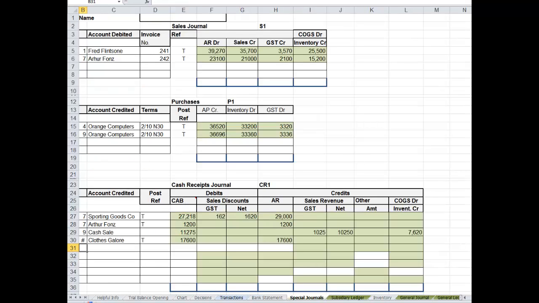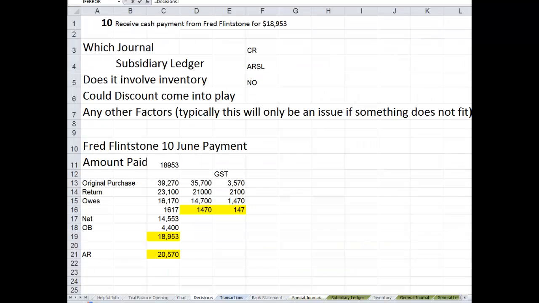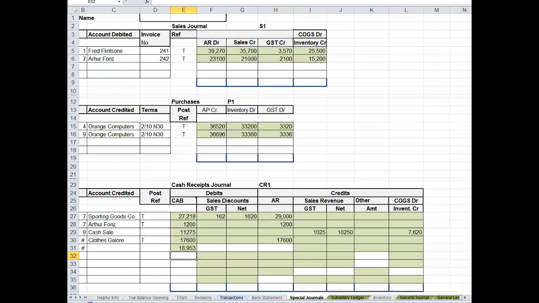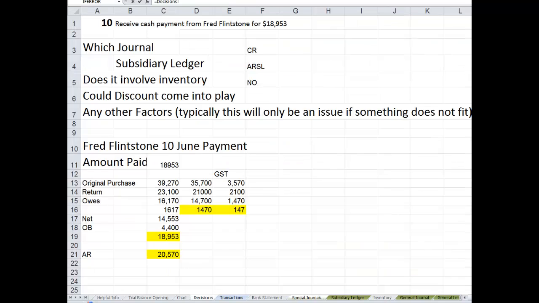We go the 10th. Cash at bank is 18953. GST 147.